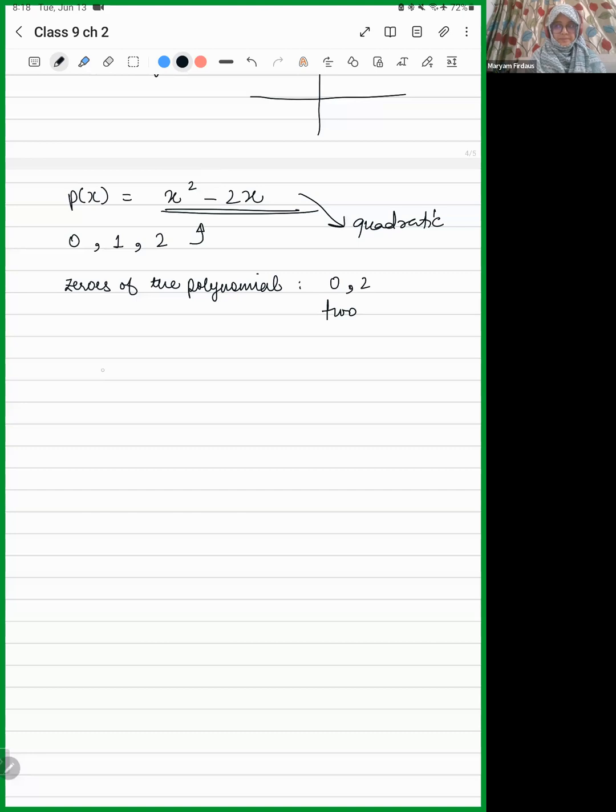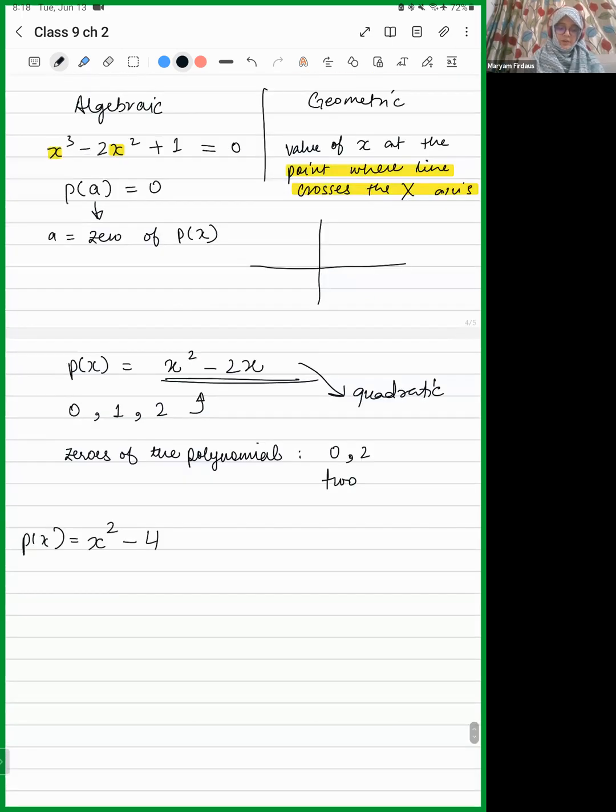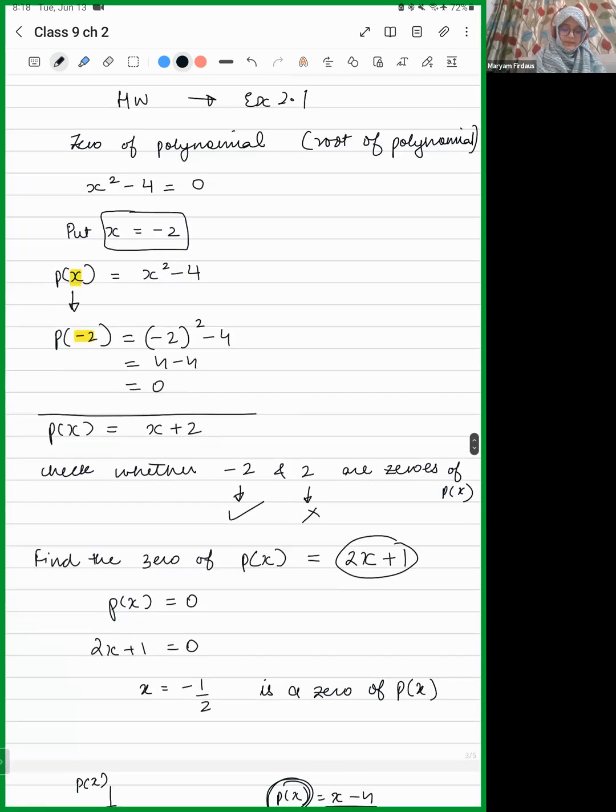But you will face an issue. Let's say you have x square minus 4. This is a polynomial p of x. Can you guess what all will be the zeros of this polynomial? Ma'am, 2, and we just did it over here also. 2 and minus 2.